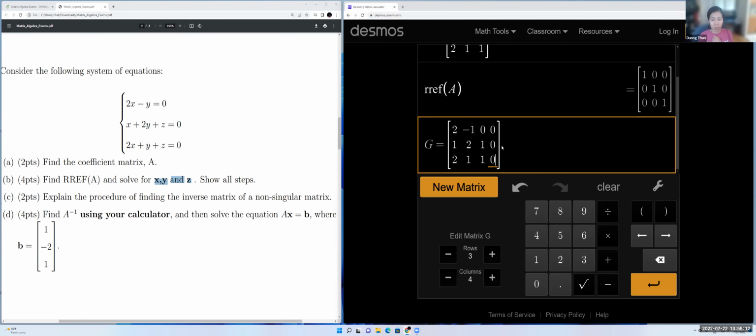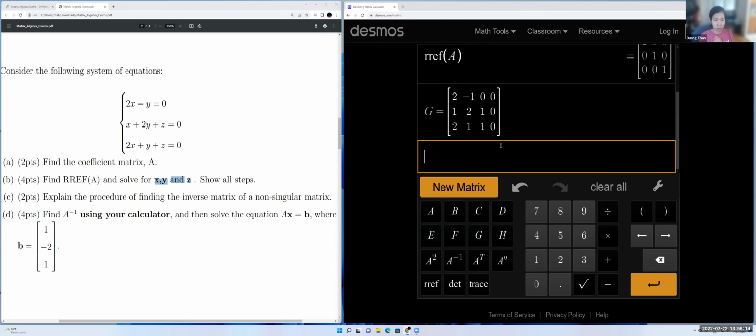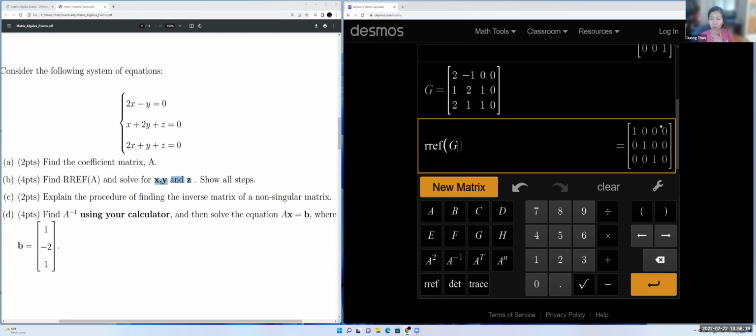And the next thing is you can find the reduced row echelon form of G. And that will give you the idea of what the solution of the system is. So if you read this reduced row echelon form, you see that 1x equals 0, 1y equals 0, and 1z equals 0.